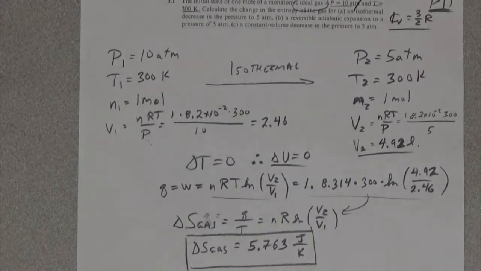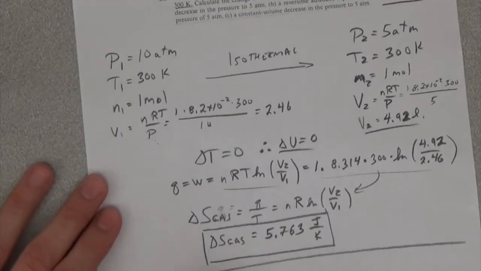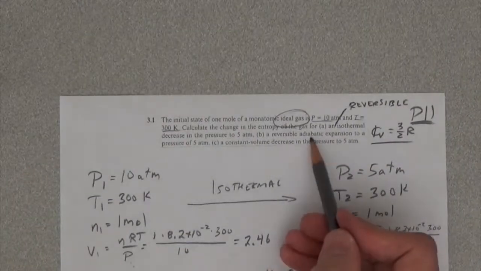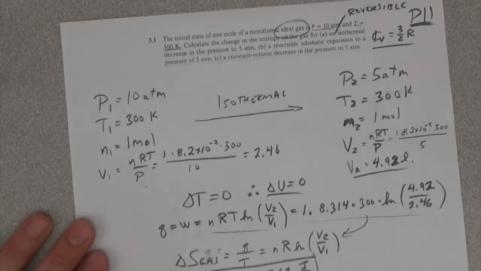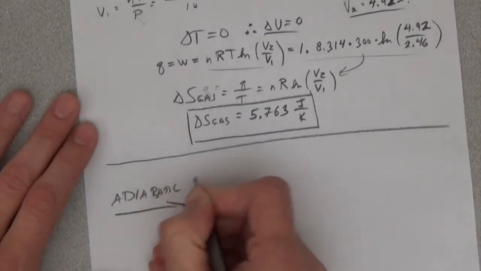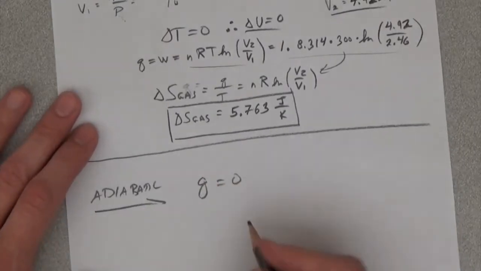The second is, what if instead we have an adiabatic, and it's reversible, adiabatic, which means Q equals 0.